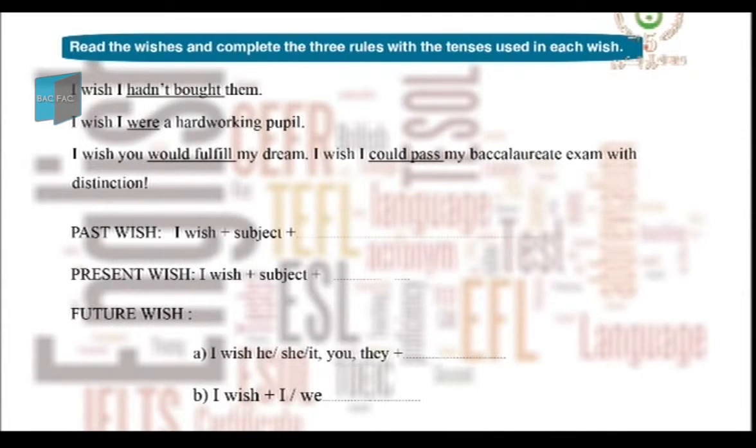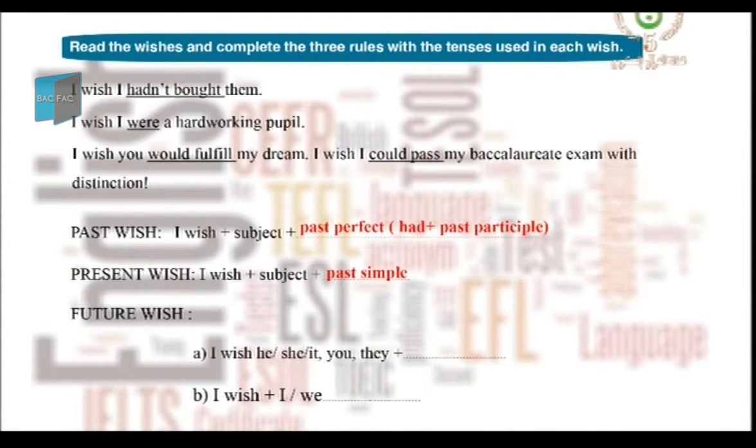Right, let's correct now. Let's start with the first wish, the past one. Which tense do we use to express a past wish? Right, the past perfect, that is, had, and the past participle. The second wish, which is the present wish, right, it's the present wish, but the tense we use is the past simple, good. Here notice that when the verb to be is used, we always say were, never was.